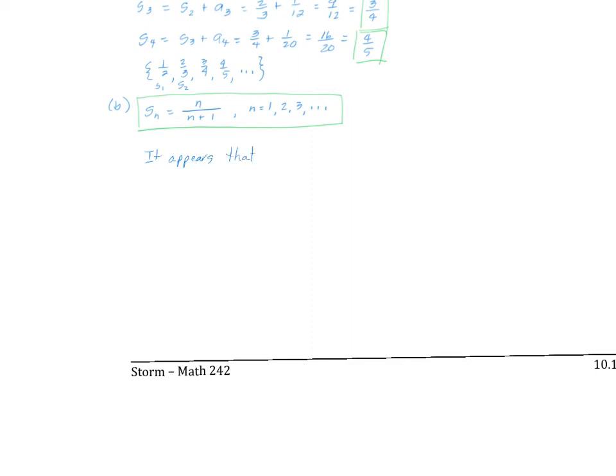So it appears that my infinite series, because that's the only reason why I was looking at the limit of the partial sums, from k equal to 1 to infinity of 1 over k times k plus 1, is going to be equal to 1, that it converges to 1.